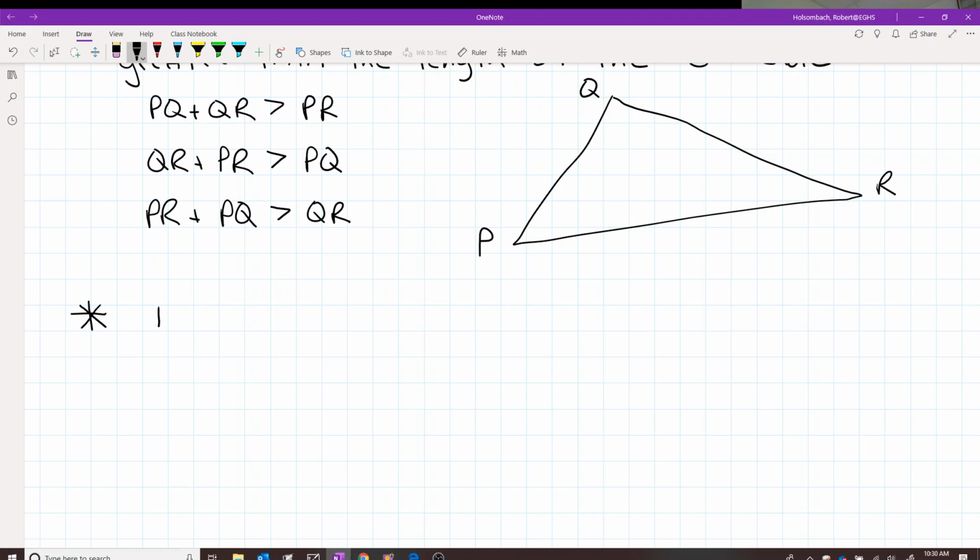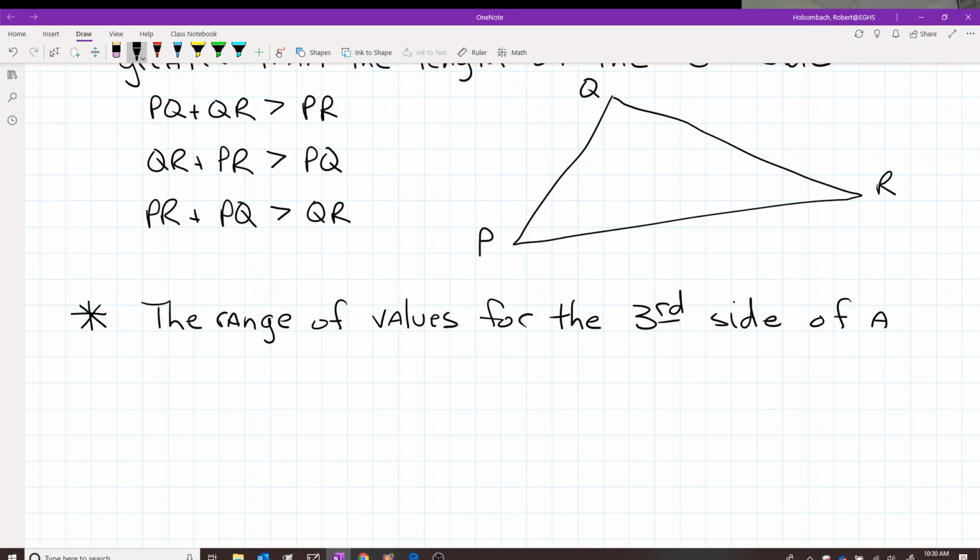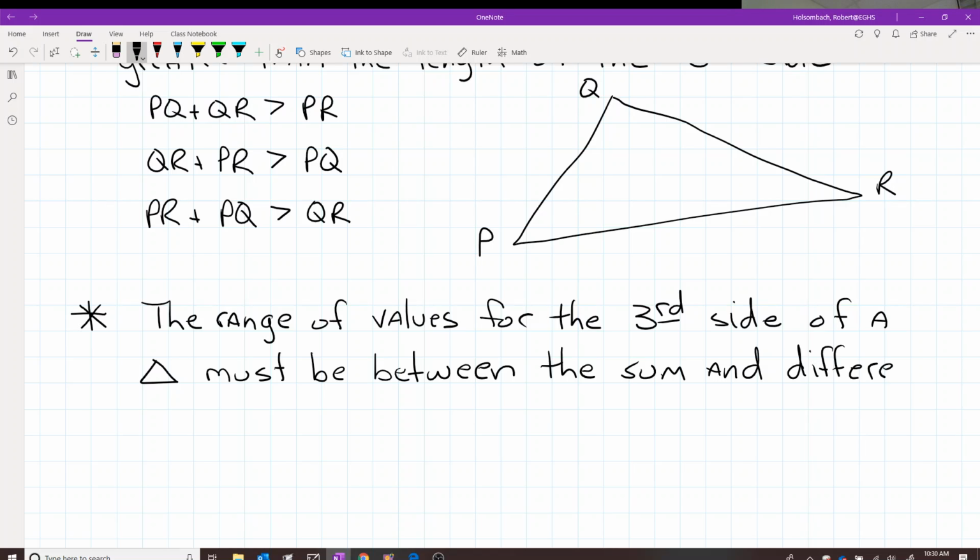And it says that the range of values for the third side of a triangle must be between the sum and difference of the two shortest / given sides.